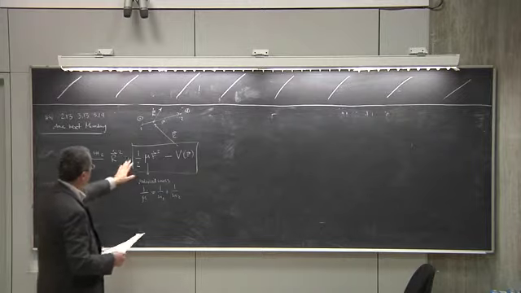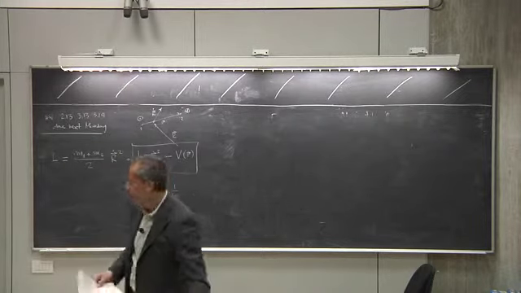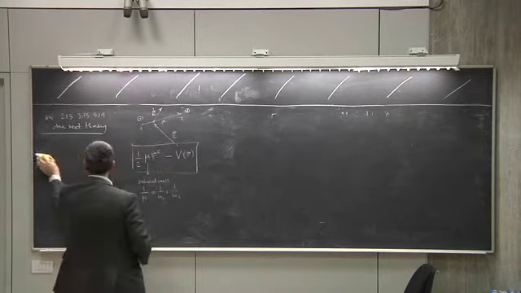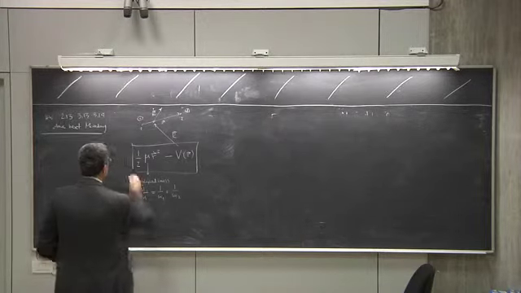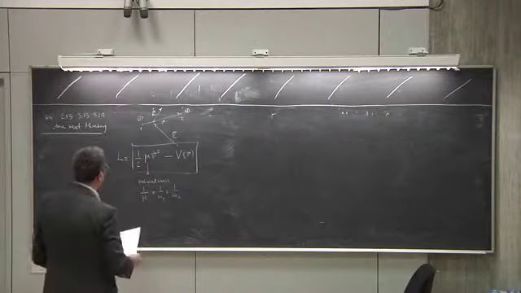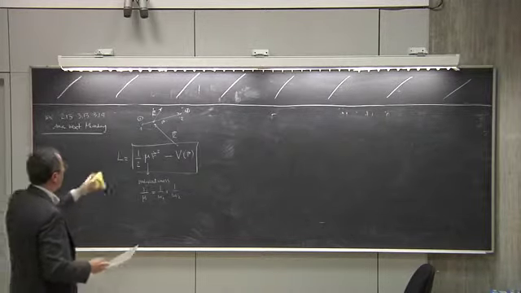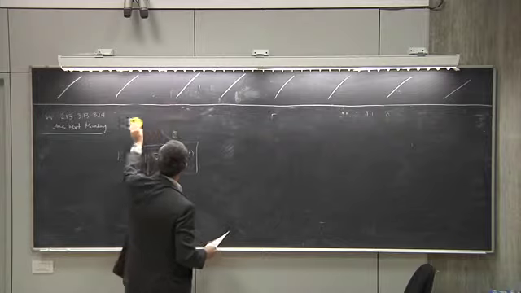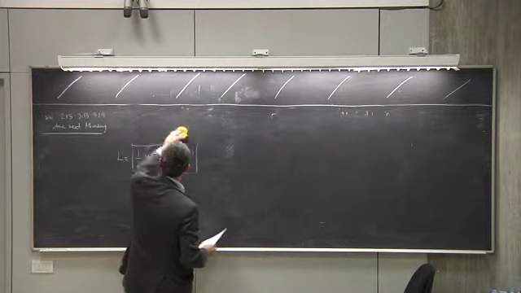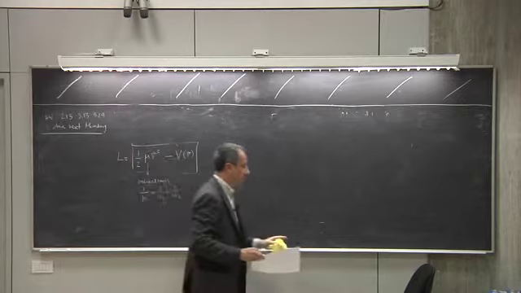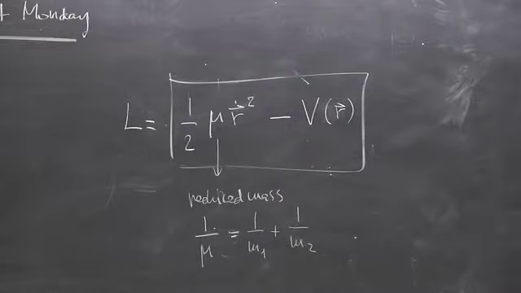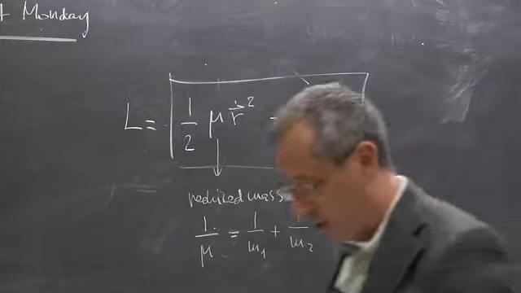So now let's just look at this term here. Let's, in fact, erase this. That's all we need. And I don't even need this sketch any longer, because now I really want to think of a single body with the reduced mass moving under the effect of this potential.